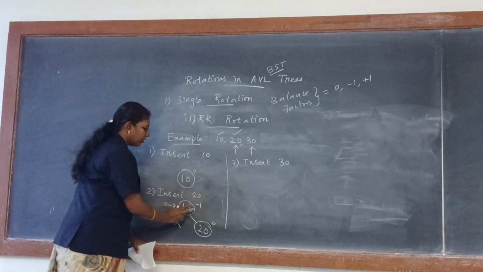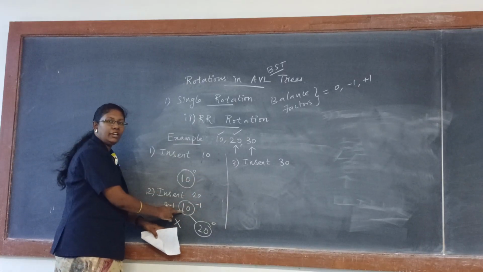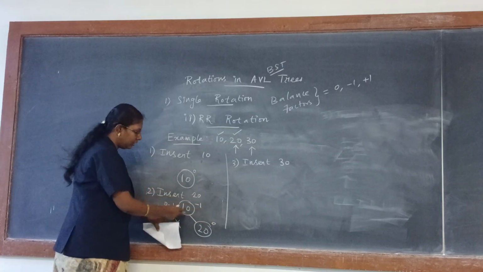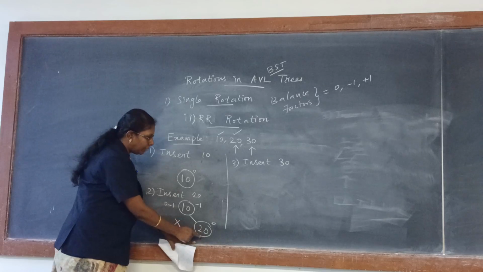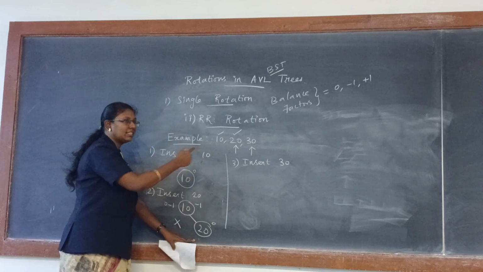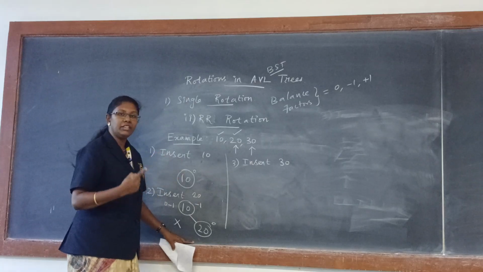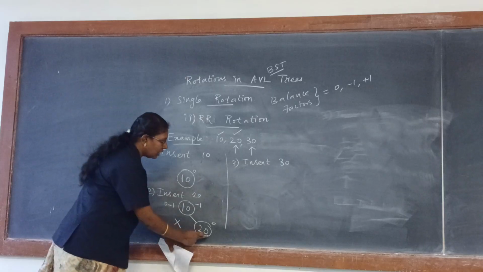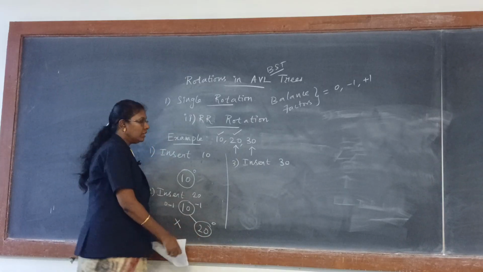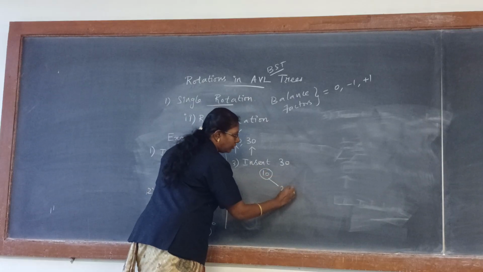On the right hand side of 10, a subtree is there, and I'm going to check whether this 20 is less than 30 or not. 30 is greater than 20, so I need to insert the value 30 towards the right hand side of the 20. So the tree will be like this: 10 and now 20.